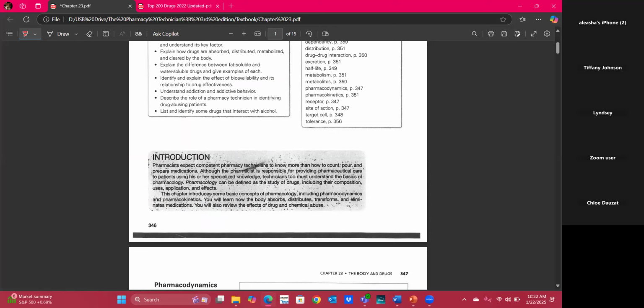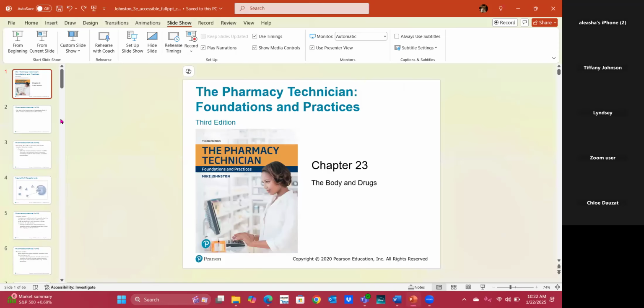So pharmacology can be defined as the study of drugs, including their composition, uses, application, and effects. This chapter introduces some basic concepts of pharmacology, including pharmacodynamics and pharmacokinetics. You will learn how the body absorbs, distributes, transforms, and eliminates medications. You will also review the effects of drugs and chemical abuse. So that's what we're getting into with chapter 23 today.